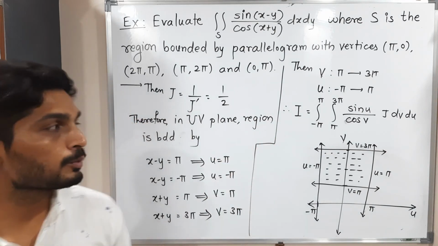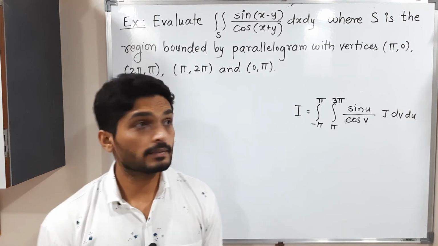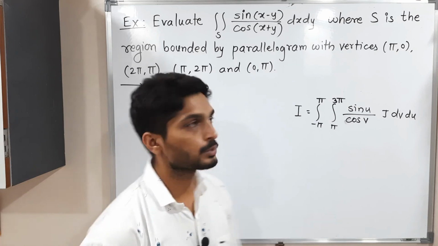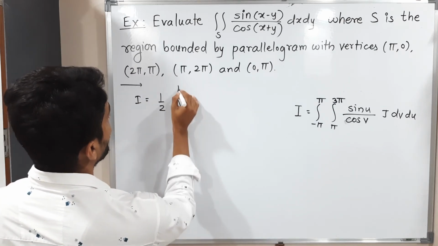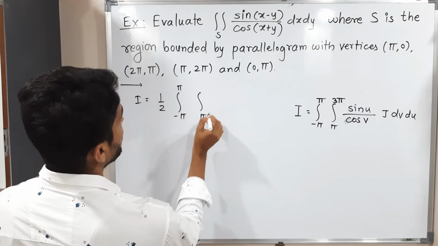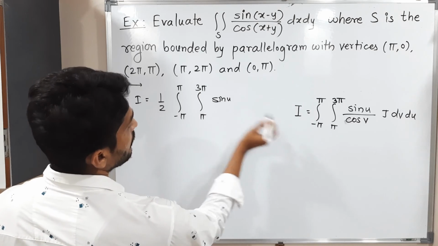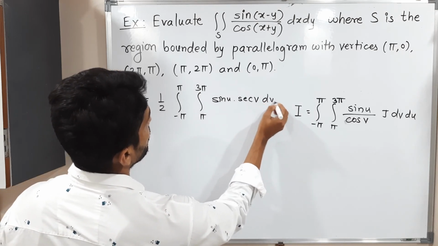But see, there is no more space, so I suggest you make a screenshot of it. What is our j here? J is 1 by 2. But it's constant, so I will take it outside. So 1 by 2, integration from minus pi to pi, integration from pi to 3 pi, and sine u upon cos v, that means sine u sec v dv du.